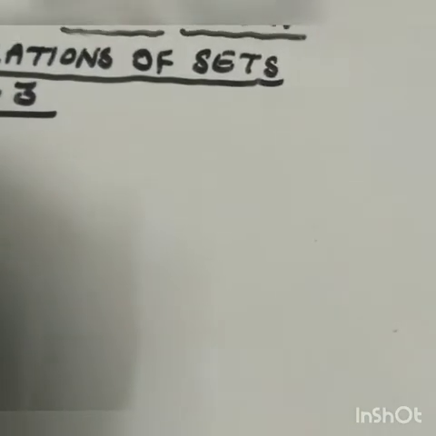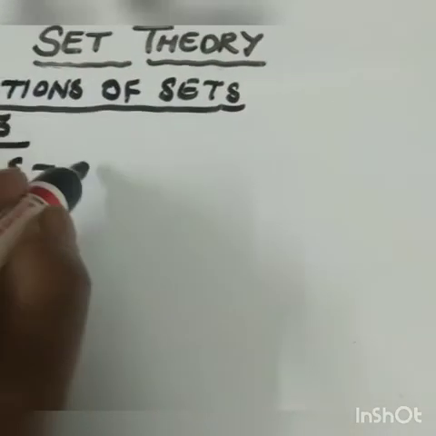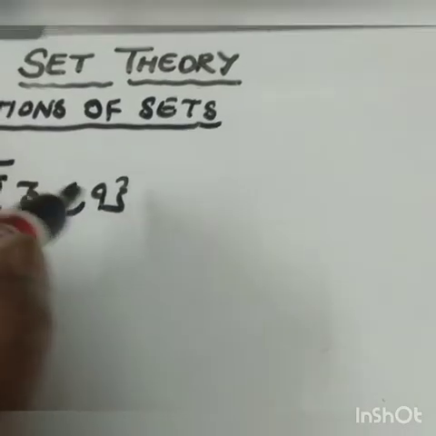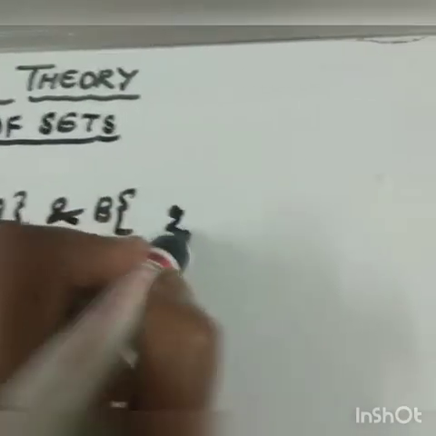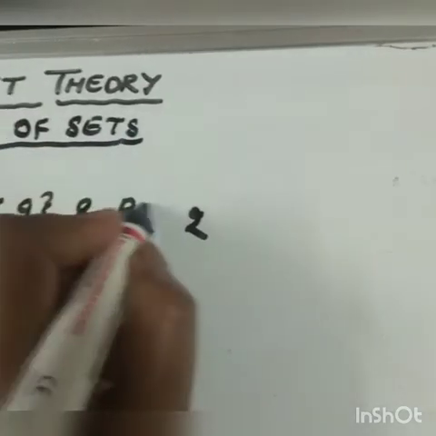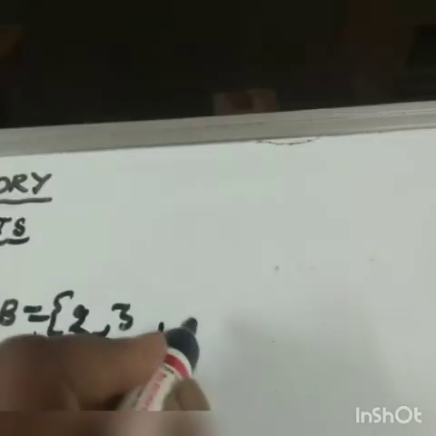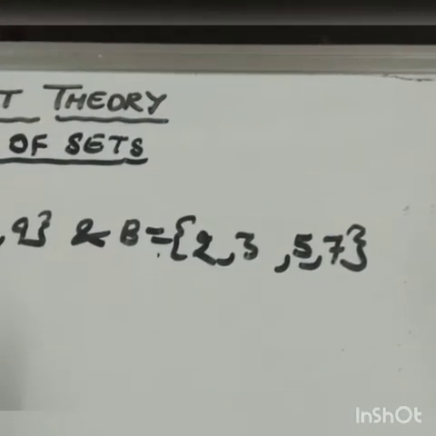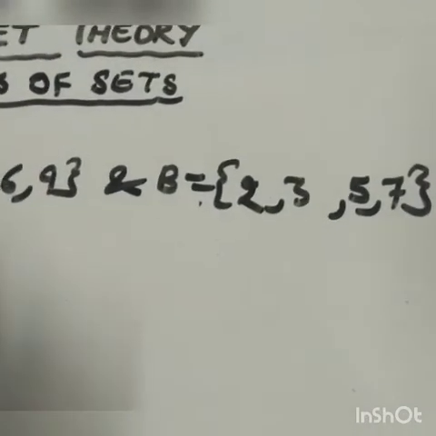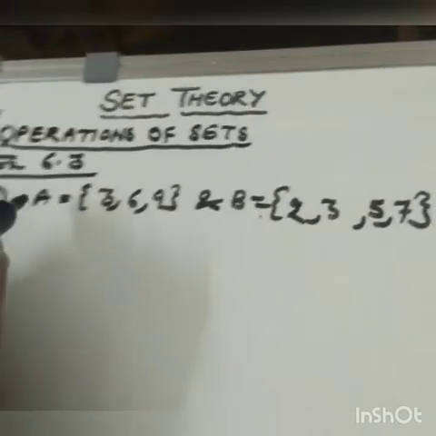In question number 1, part A, there are two sets given. A is equal to {3, 6, 9} and B is equal to {2, 3, 5, 7}. You have to find A union B and A intersection B. What is A union B?